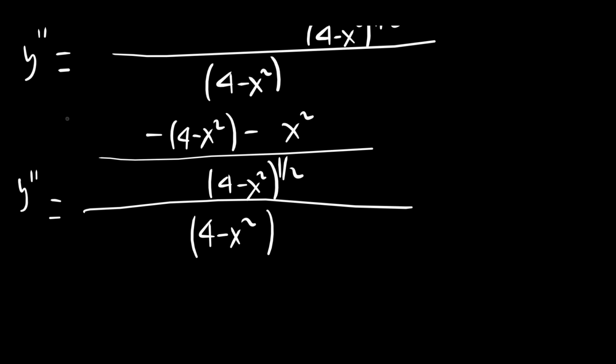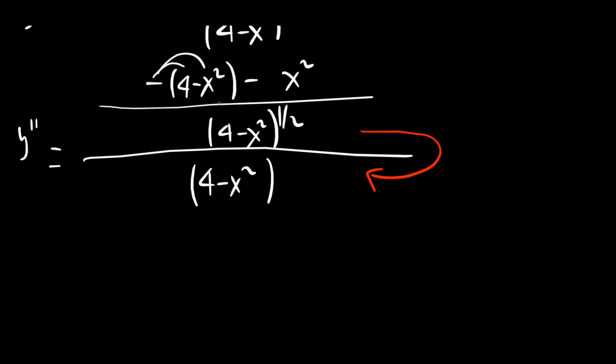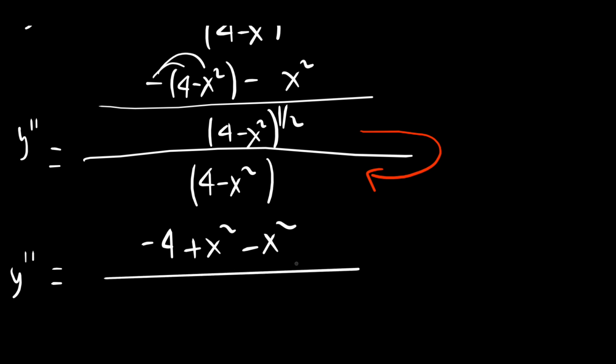So after this one, this term here will be put to the denominator. And we will distribute the negative to the terms. So we have negative 4 plus x squared minus x squared all over 4 minus x squared, just copy 4 minus x squared raised to the power of 1 half.